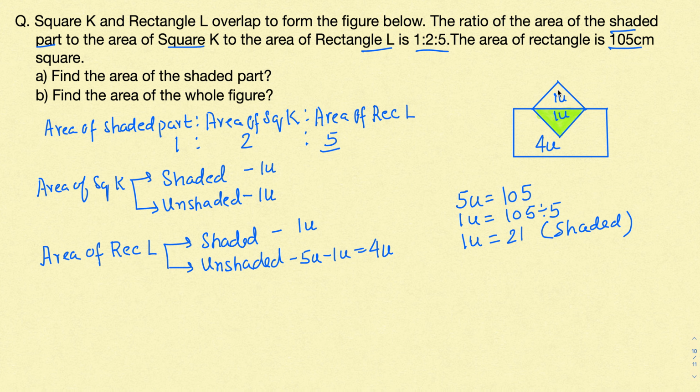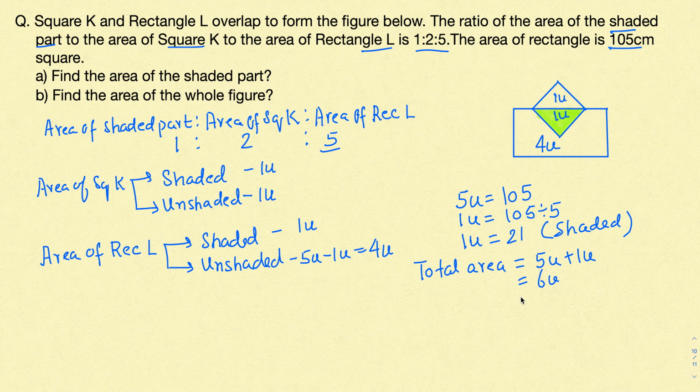So the total area of the figure would be 5 units for the whole rectangle plus another 1 unit, the unshaded part of the square. That will give you 6 units, right?